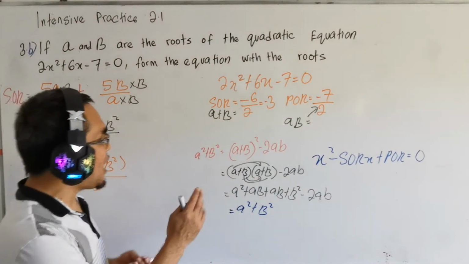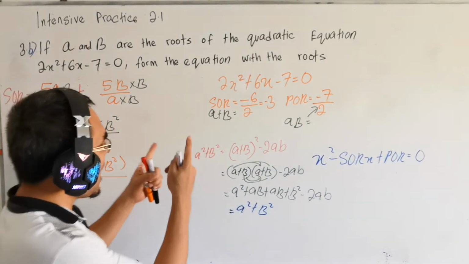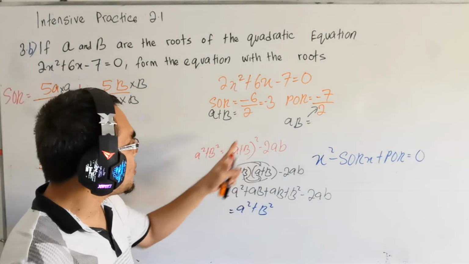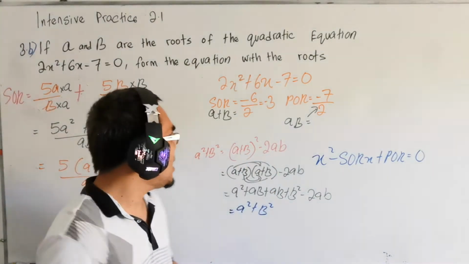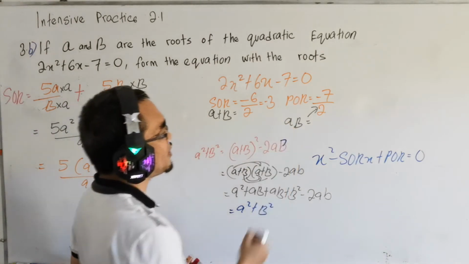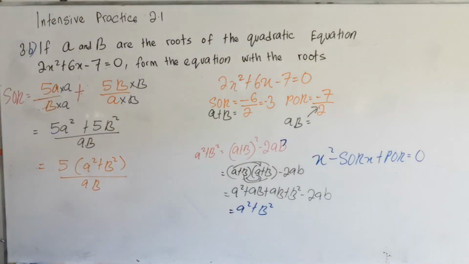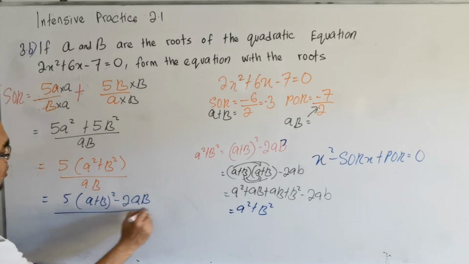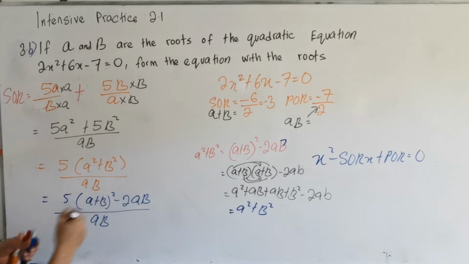Now you have to memorize this. Alpha squared plus beta squared will be alpha plus beta squared inside bracket minus 2 alpha beta. I should write consistently. Okay, now we are replacing it here. 5, alpha plus beta squared minus 2 alpha beta over alpha beta.